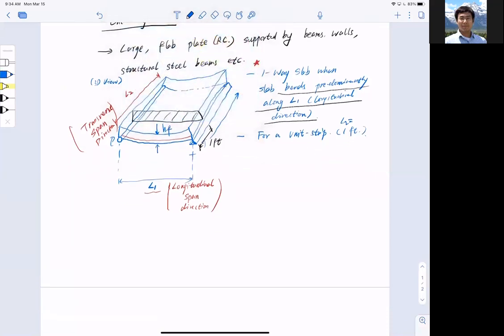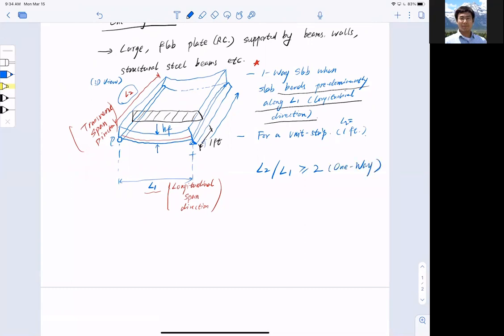When we have L2, that is this direction, L2 is larger, of course, than L1, by 2 times or more, and this is called a one-way slab.